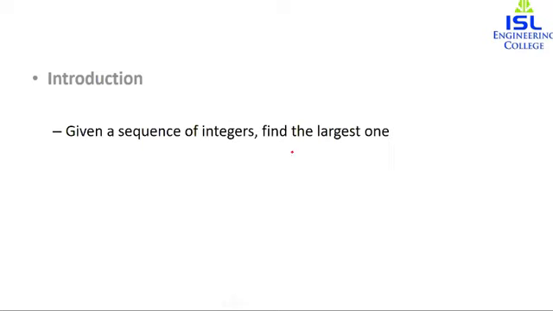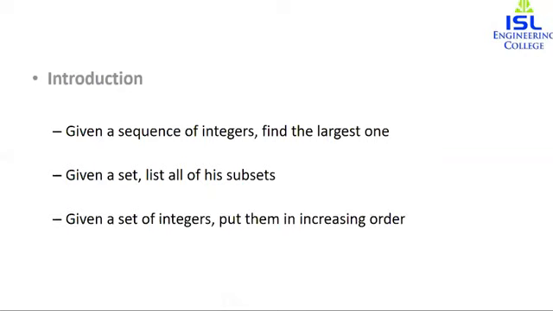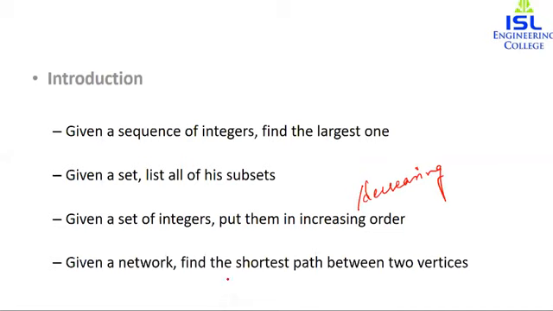For instance, given a sequence of integers, finding the largest integer, or given a set, list all of its subsets, or else given a set of integers, put them in either increasing or decreasing order. We need to define some steps. Given a network, find the shortest path between two vertices. So these are the various problems where we have to construct a model.